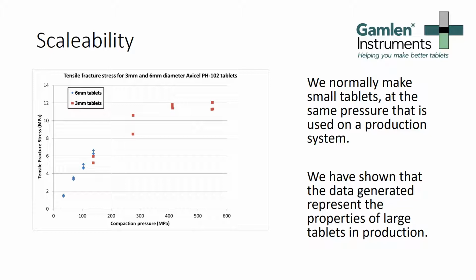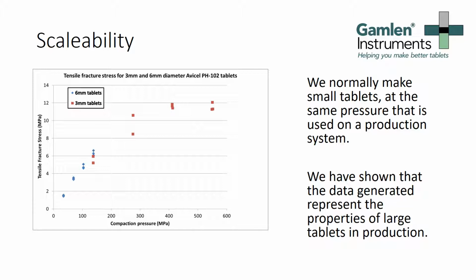In the graph on the screen, you can see data from a study in which we looked at 3 mm and 6 mm tablets. I've plotted the tensile fracture stress of the Avicel PH-102 tablets made at a range of compaction pressures. You can see that the data from the 3 and the 6 mm tablets lie on the same curve.